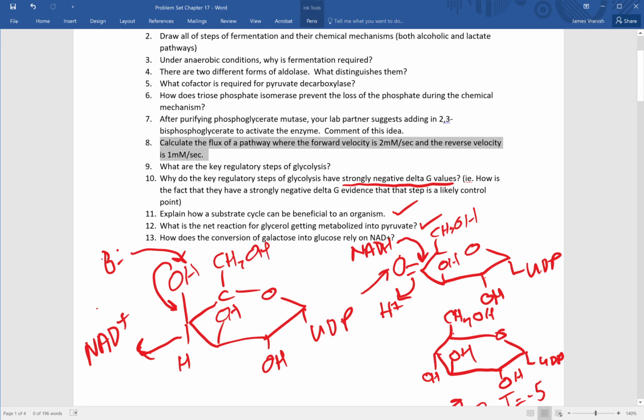The NAD's role here is to remove a hydride, turning the alcohol into a ketone, and then to add the hydride back in on the other side of the ketone, forming the other isomer, the other epimer, sorry, of that sugar. And that is it for problem set 17.